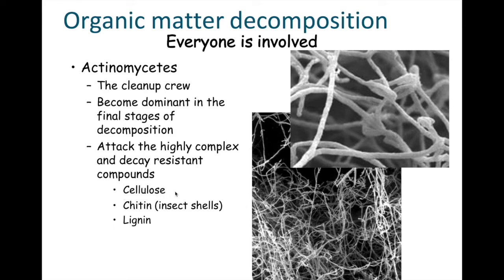Cellulose is actually part of the cell wall of the plants, and the lignin will be also part of the stem, the xylem of the plant, or the vascular bundles of the plant.